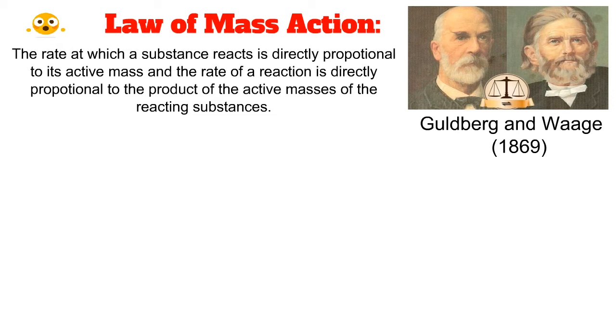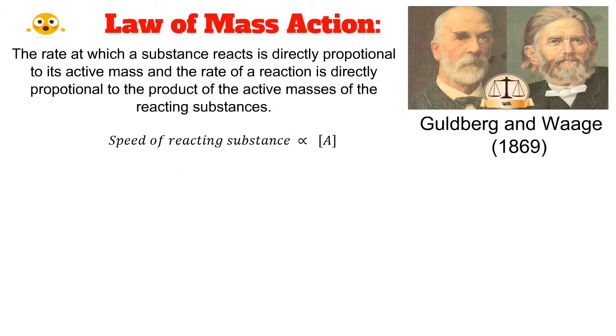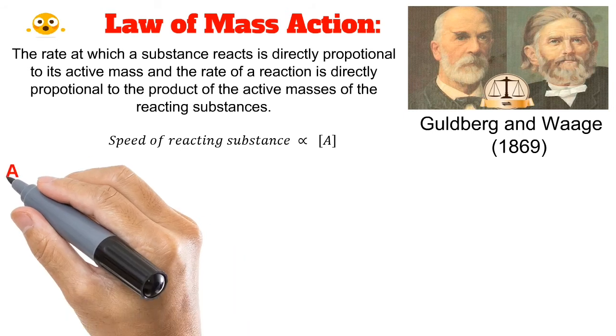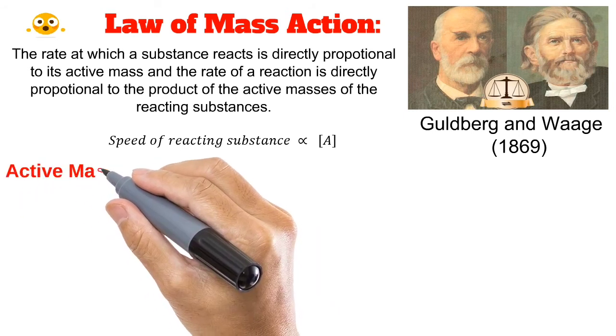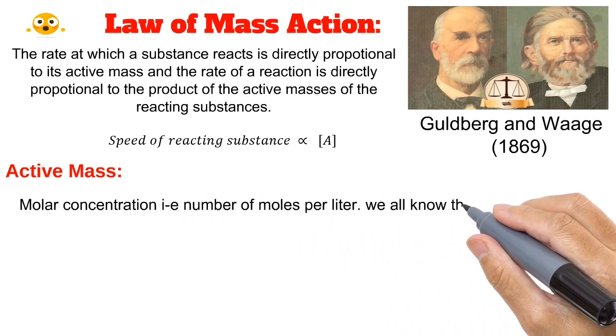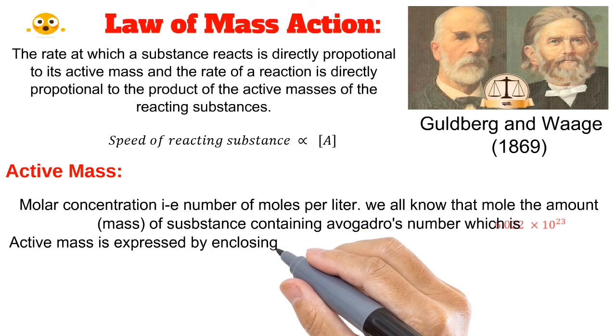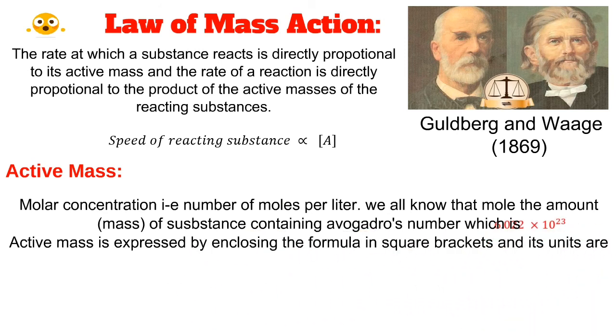So if you study the first line, the rate at which a substance reacts is directly proportional to its active mass. It means that the speed of the reacting substance is directly proportional to the concentration of a substance, or you can say active mass. Now we will see what active mass means. Active mass is the molar concentration, that is the number of moles per liter, and we all know that a mole is the amount of mass of a substance containing Avogadro's number, which is 6.02 x 10^23.